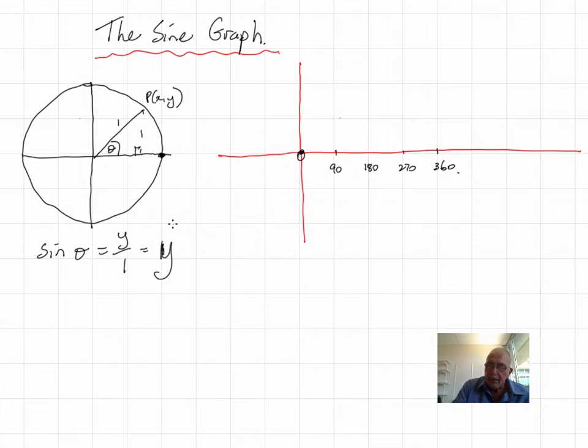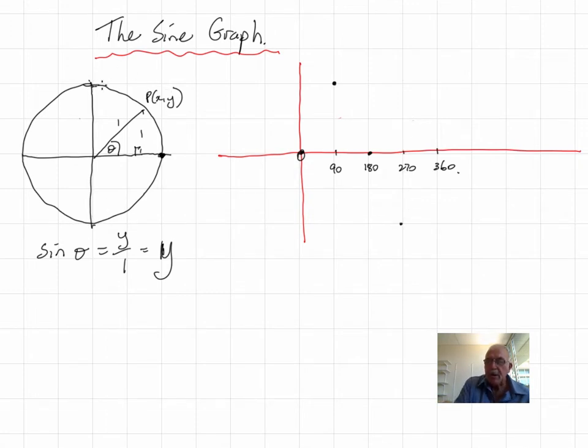As theta gets larger, the graph will trace out what's happening to y. Now y is down here at 0, at 90 degrees y is up there, at 180 y is 0, so it's gone back to there. Where is my y at 270? It'll be down at -1.